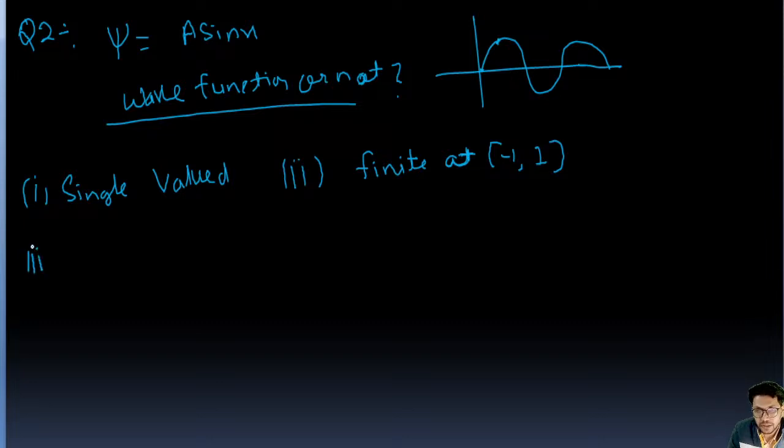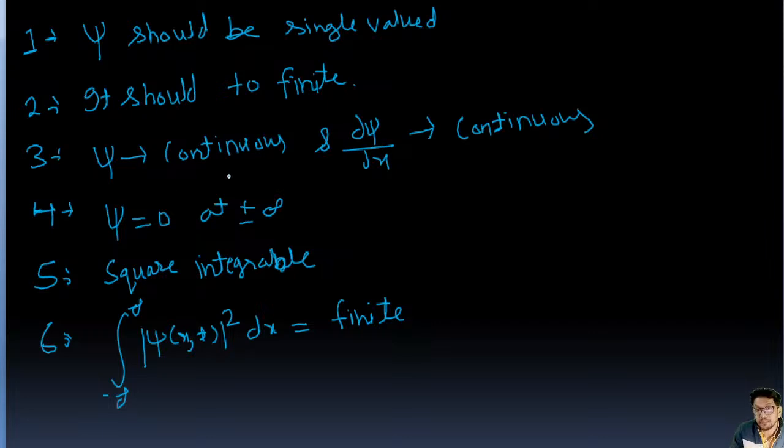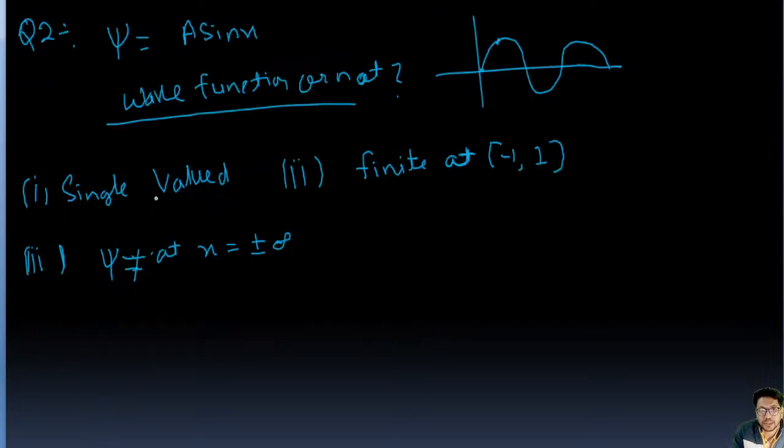Which condition is the third we are going to check? We can see psi is not equal to 0 at x equal to ±infinity. Psi must be 0 at ±infinity, but it is not giving 0.